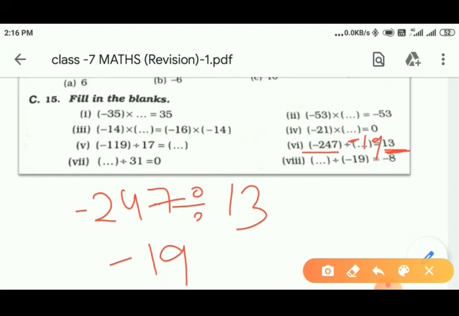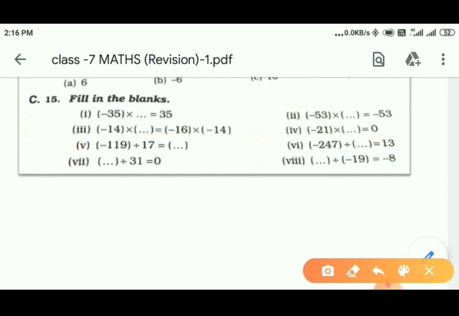The eighth one is again the same. Which number is divided by minus 19 to get minus 8? Children, you can do this question like consider as x. So I am doing the full solution of this, x divided by minus 19. So what I have to do? I can shift this minus 19 on right hand side. So when I shift, this divide will become multiply.